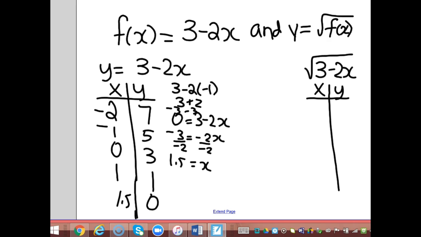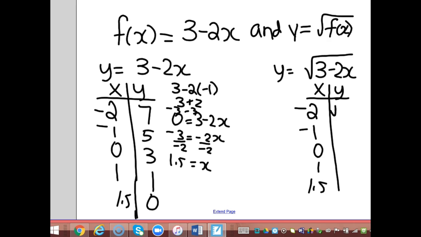And now, if we wanted to do the root one, our x's all stay the same because we randomly picked them. And what happens is our y's are going to be the same but the root of it. Because if we put -2 in here, we would have -2 times -2 is 4, plus 3 is 7, but now we have a root sign.